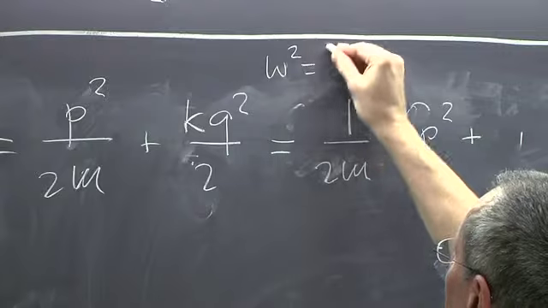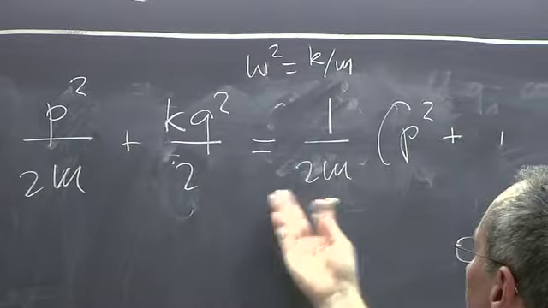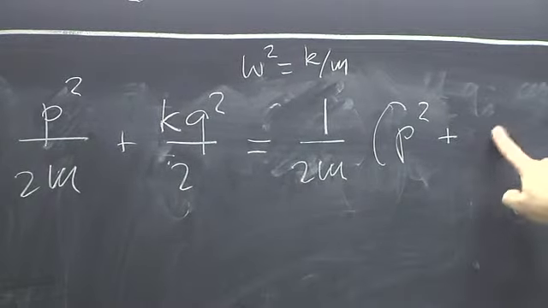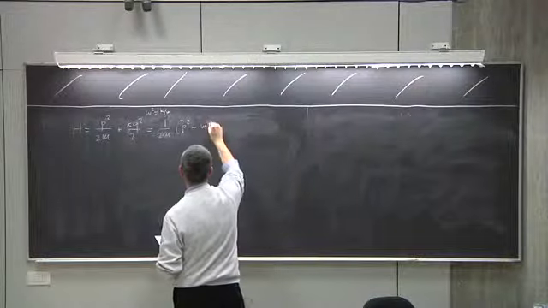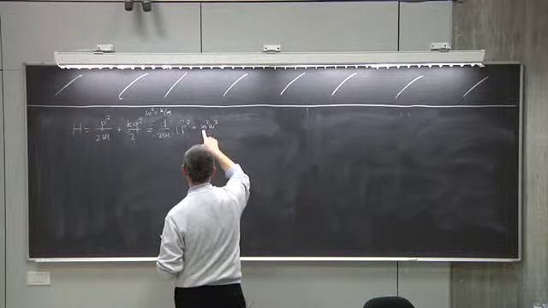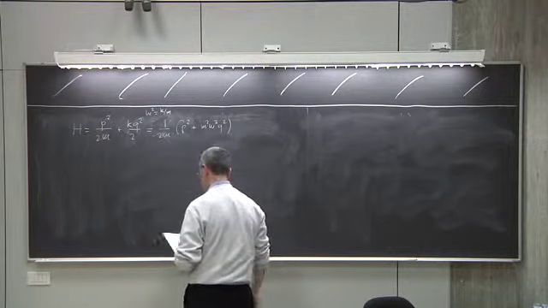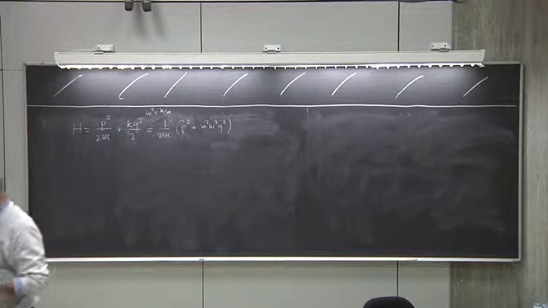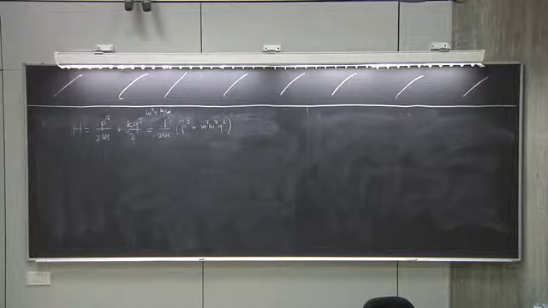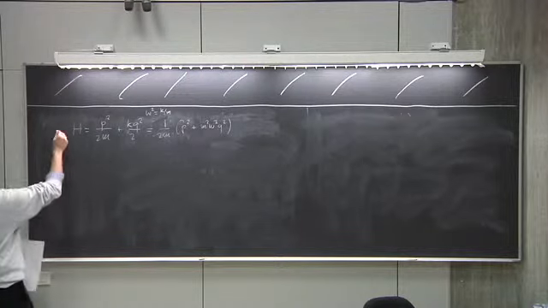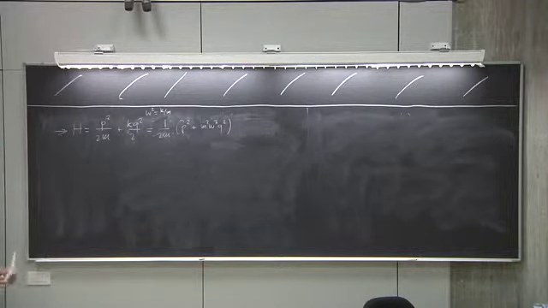Omega squared is equal to k over m. So I pull out the mass, and here I get this famous factor m omega squared q squared over 2. Very good. This is the Hamiltonian for the harmonic oscillator. In a way, this is the most famous and most important Hamiltonian that you will ever see.